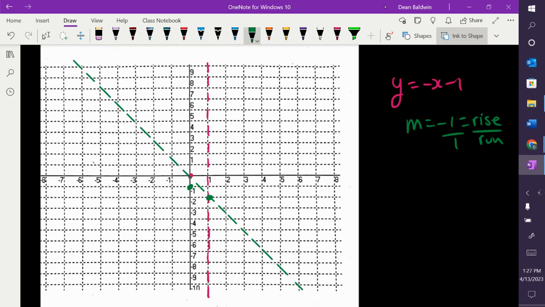There is your slant asymptote. That is not your slant asymptote because it didn't go through the y-intercept that I marked, which is negative 1. Let's go with this.